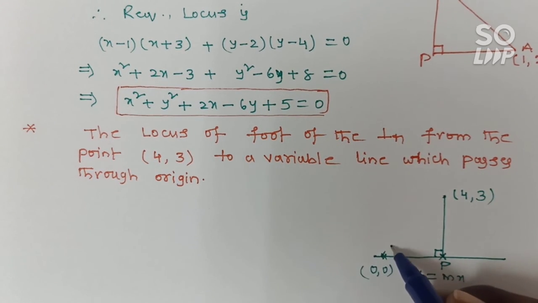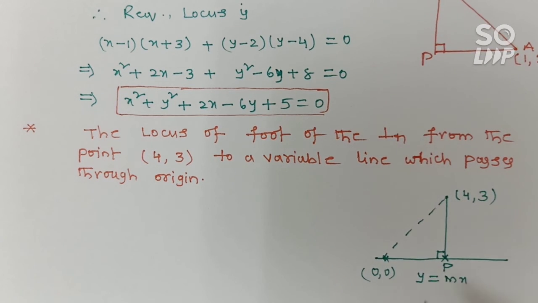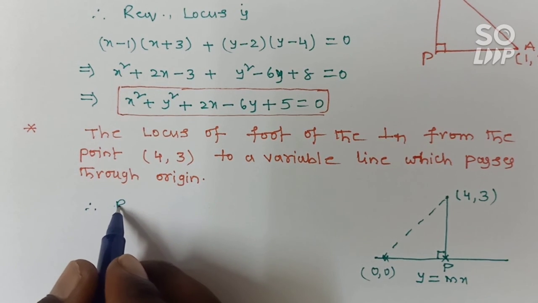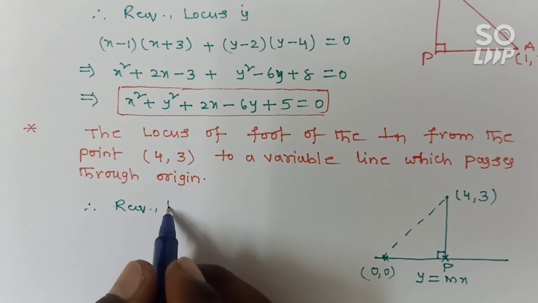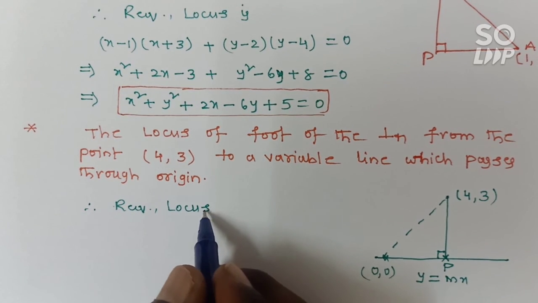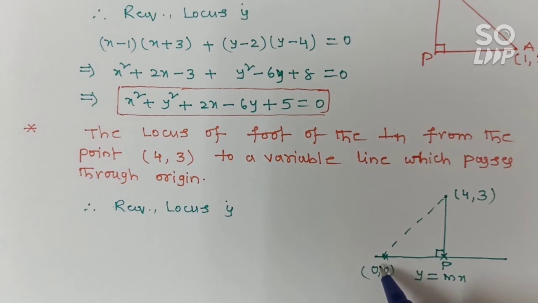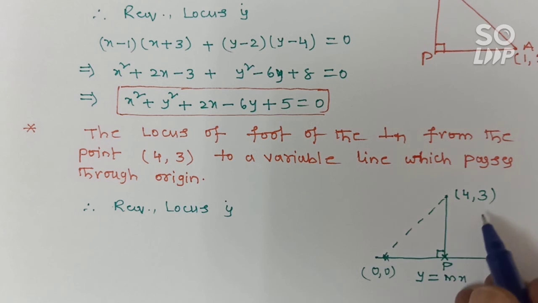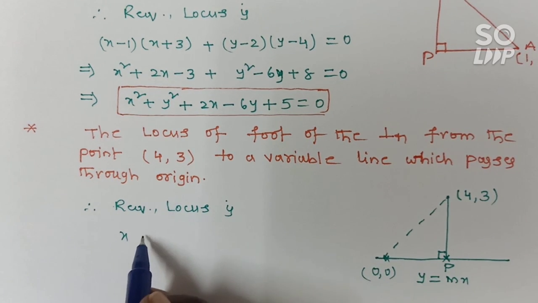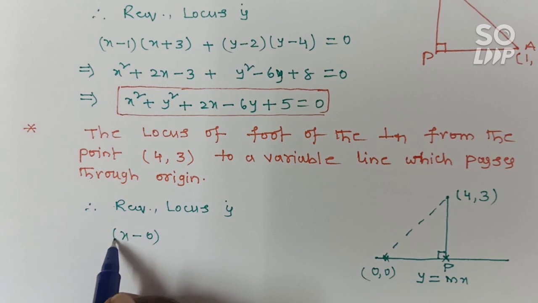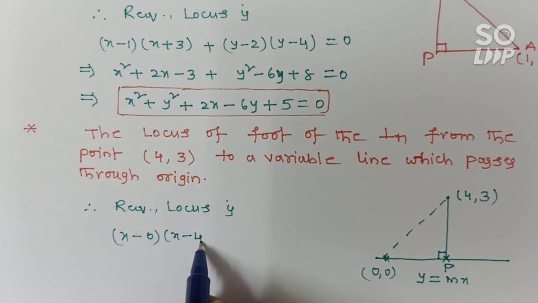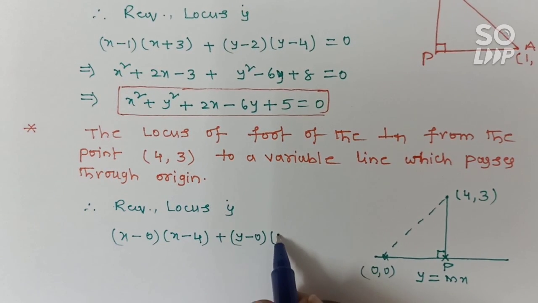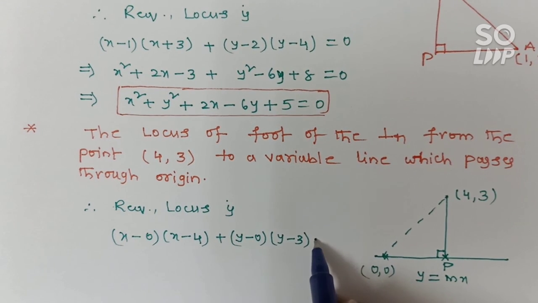By joining these two points, clearly you have a right angled triangle. Therefore the required locus: the hypotenuse will be the diameter of a circle. So what is the circle when the ends of the diameter are given? (x minus 0) into (x minus 4) plus (y minus 0) into (y minus 3) is equal to 0.